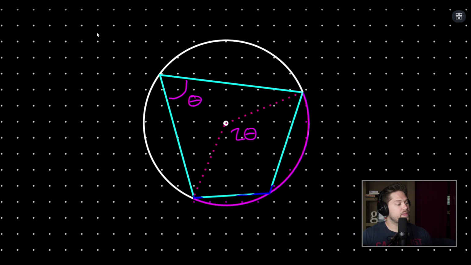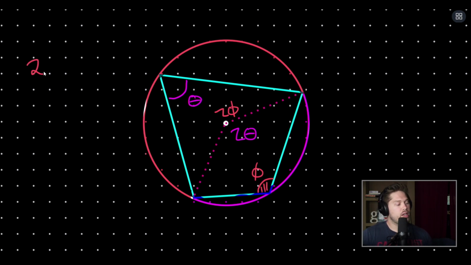And similarly, if we took this angle to be angle phi, then its arc measure, well here, notice that it's an inscribed angle for this arc measure in red. Therefore, the central angle would be 2 phi.